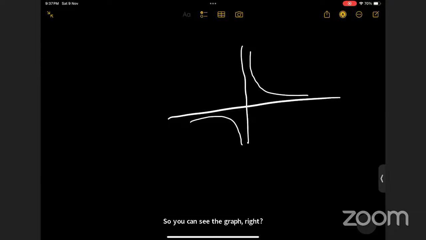Yes, ma'am. Okay. So if we take this as the domain, then you can see clearly the function is decreasing, right? In this domain also the function is decreasing, right? But if you take the whole domain, then just check at this point and at this point.